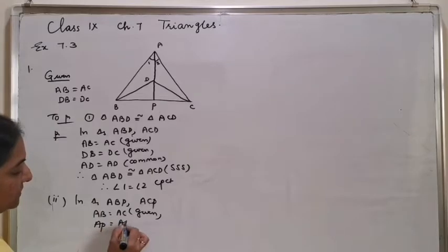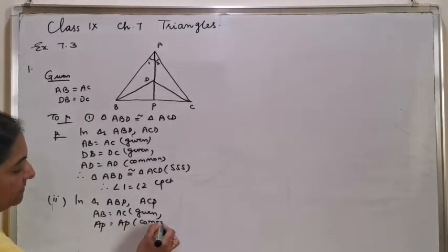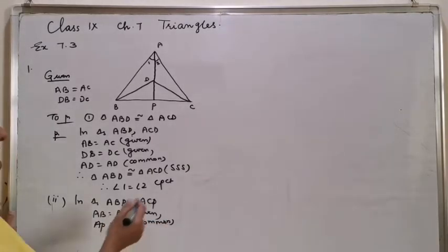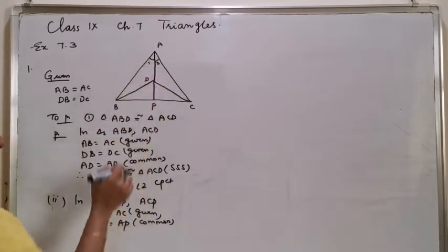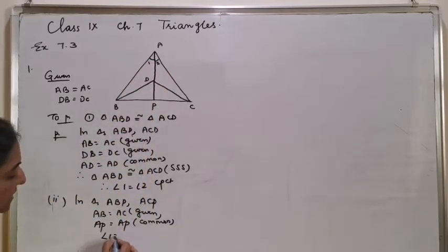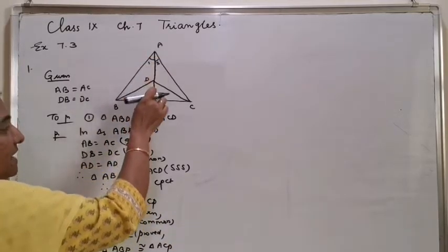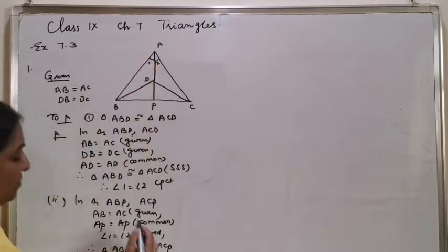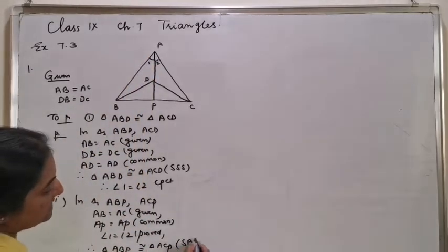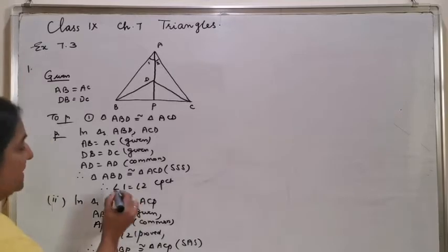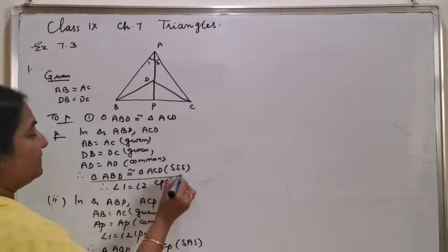AP is equal to AP, common, and angle 1 is equal to angle 2. We already proved that. Therefore, triangle ABP is congruent to triangle ACP by taking AB, AP and angle 1, by SAS criteria. So that triangle is also proved.